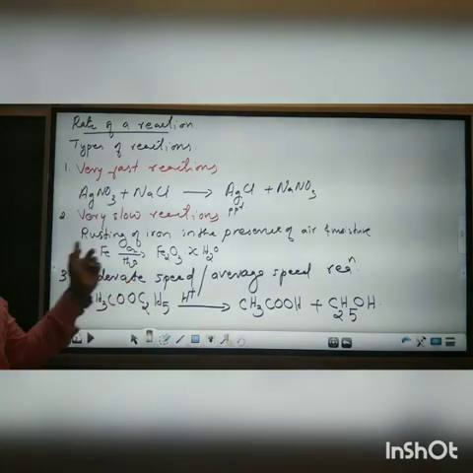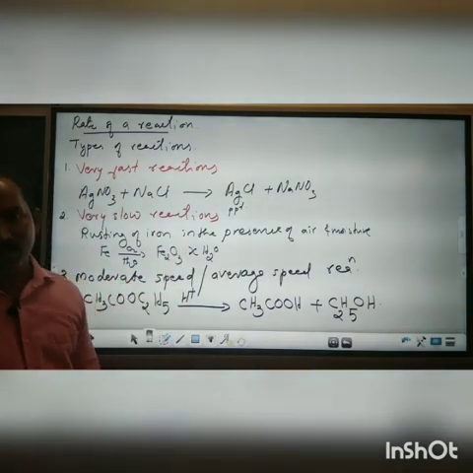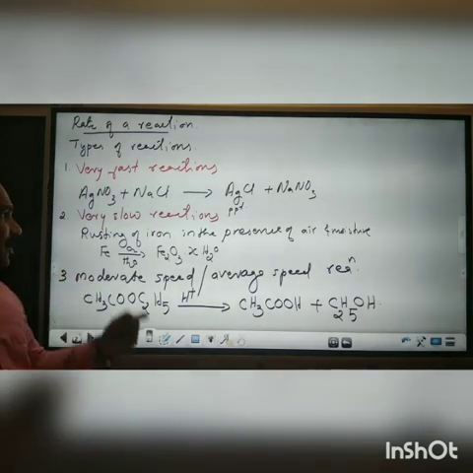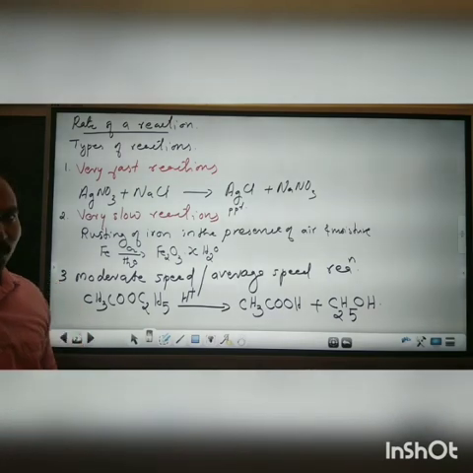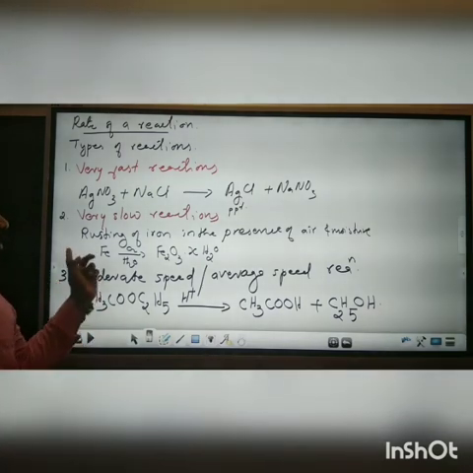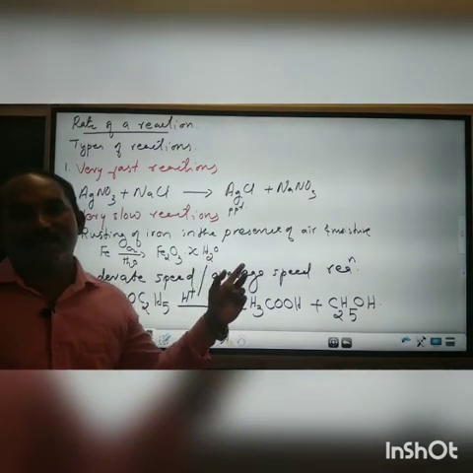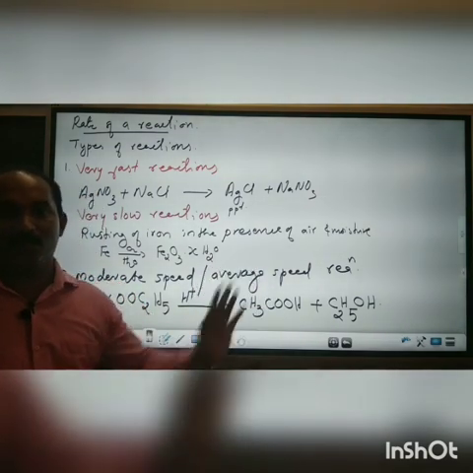The second one is very slow reactions. In electrochemistry, the last topic is corrosion of metal. For example, rusting of iron in the presence of air and moisture.